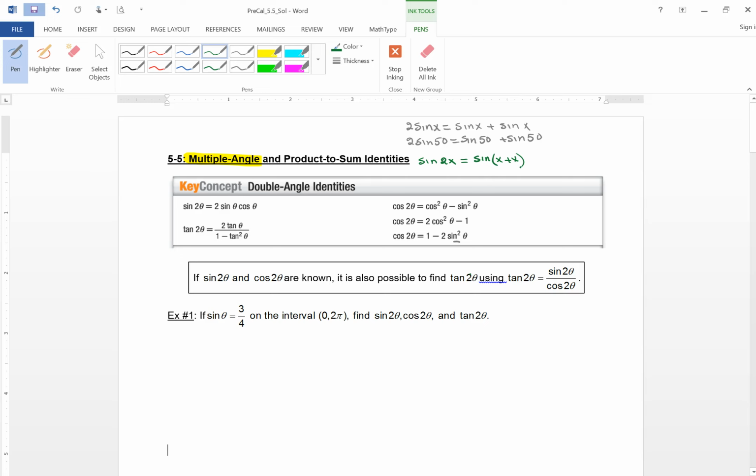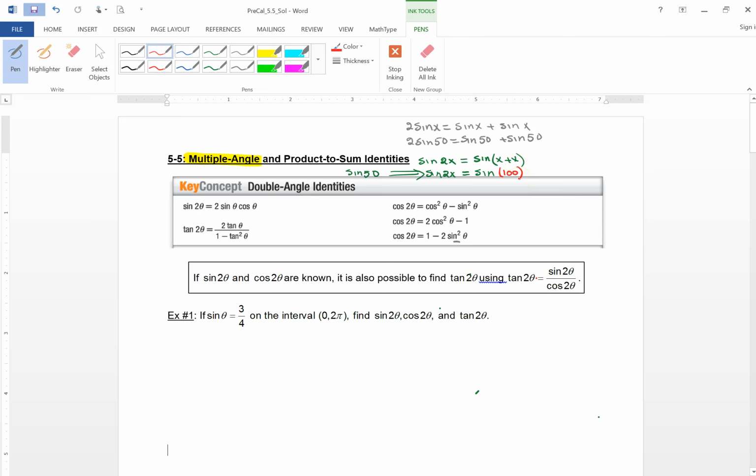Sine of 2x is not sine of 50, it's sine of what? 100. That's the difference.